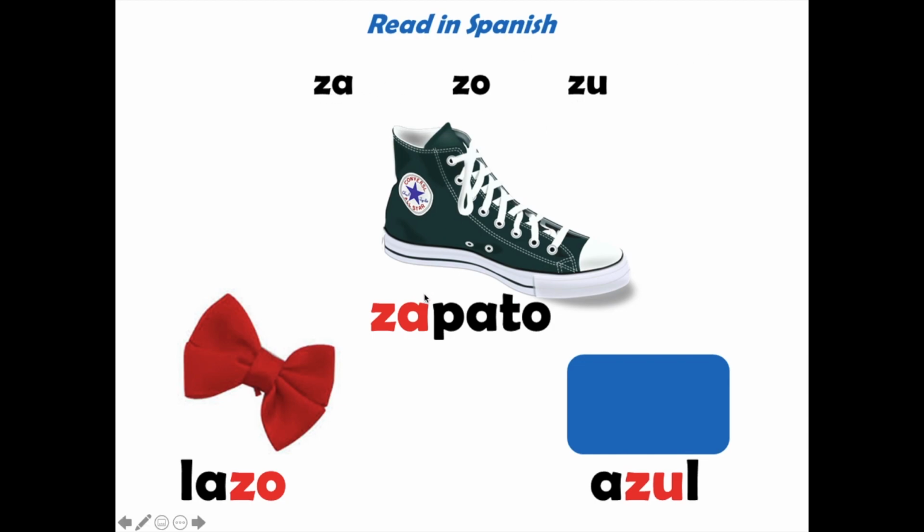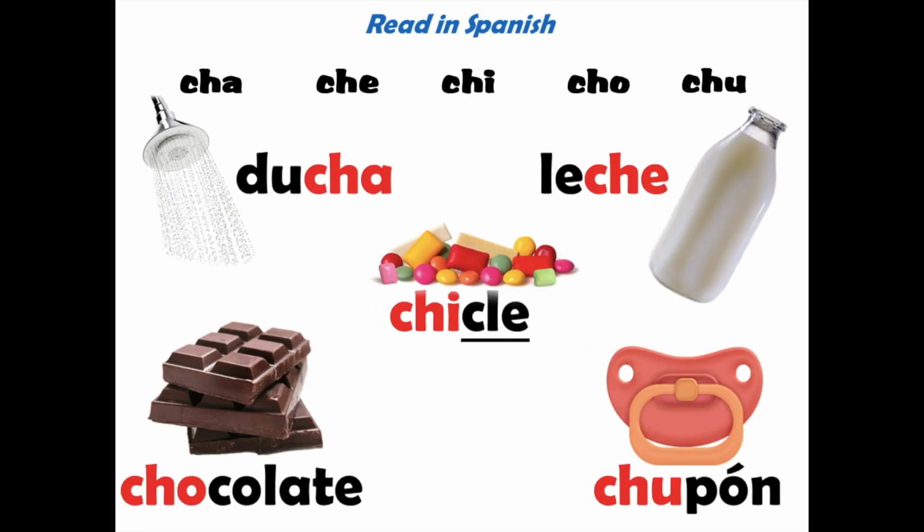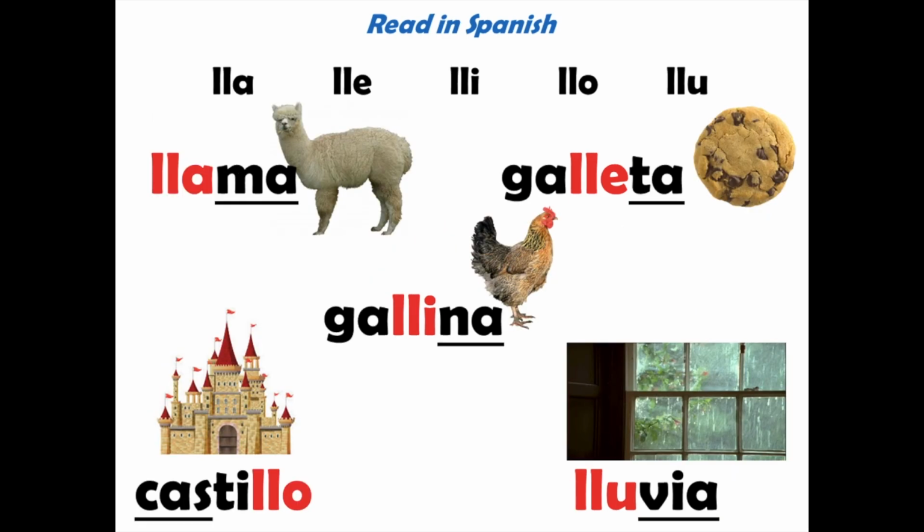All right. So zapato, lazo, azul. Okay. Now let's go ahead and repeat. Zapato, lazo, azul. Perfecto.